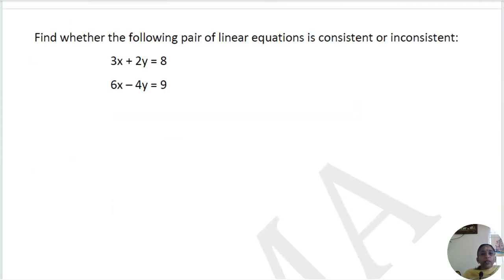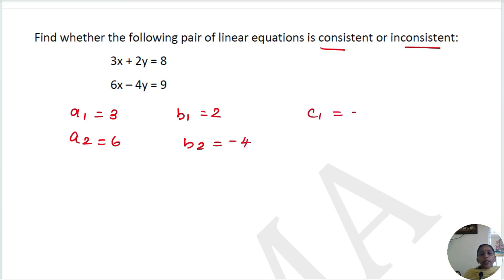Find whether the following pair of linear equations is consistent or inconsistent. Here we are going to check for consistency of the given equations. List your values: a1 is 3, a2 is 6, b1 is 2, b2 is minus 4, and c1 is minus 8, c2 is minus 9.